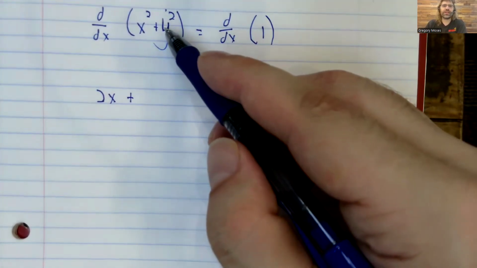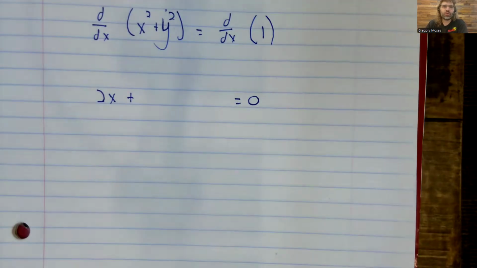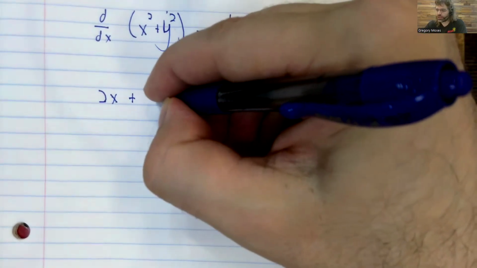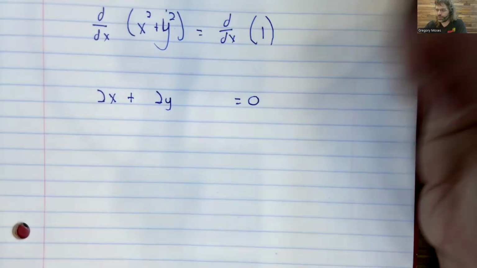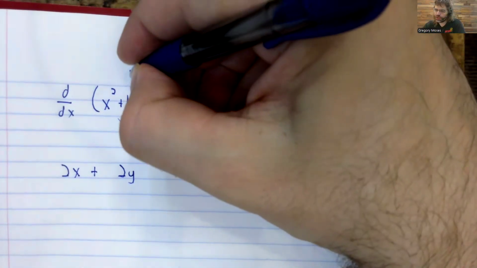What about the derivative of y squared? Well, if you're a little careless, you might say the derivative of y squared is 2y, but hold on.